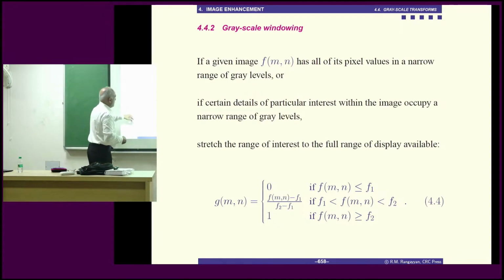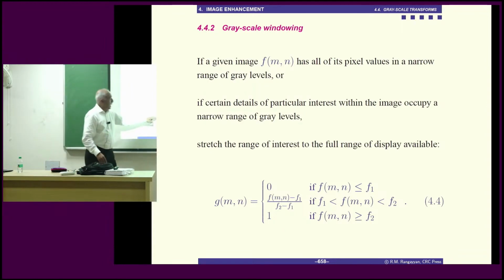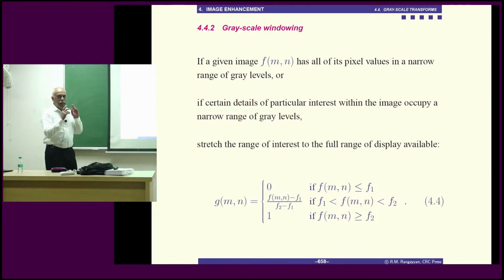So here you say G(m,n) is 0 if F(m,n) is less than F1, some limit. It could be minus 1000. Otherwise, (F(m,n) minus F1) divided by (F2 minus F1). That's a scaling factor. The range of interest is defined as F1 to F2. That's the range I want. Below F1, make it 0.